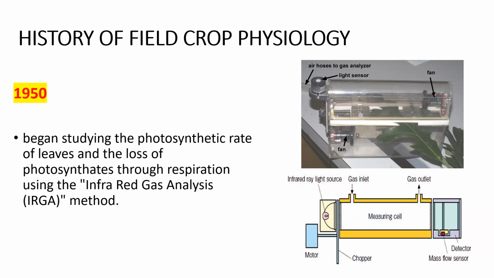Kasi doon sa isang plant natin, sa pinaka-upper, middle, and lower part ng plant natin, iba-iba yung measurement or absorption ng photosynthesis. So, to determine the whole average absorption of the photosynthesis, we will use infrared gas analysis.